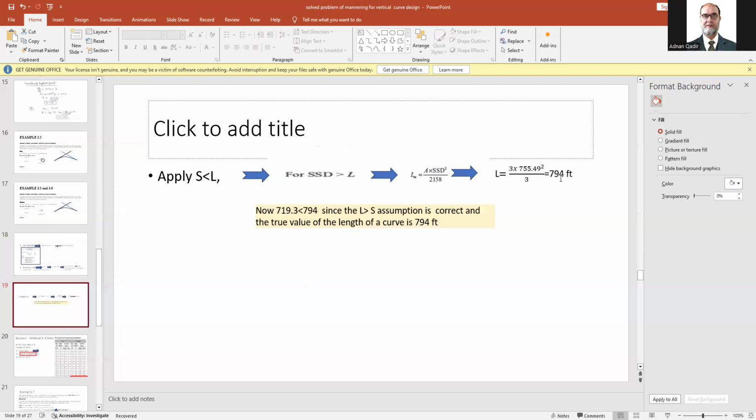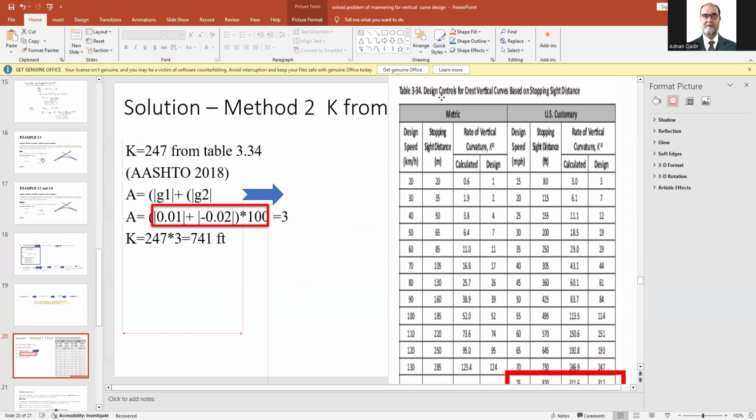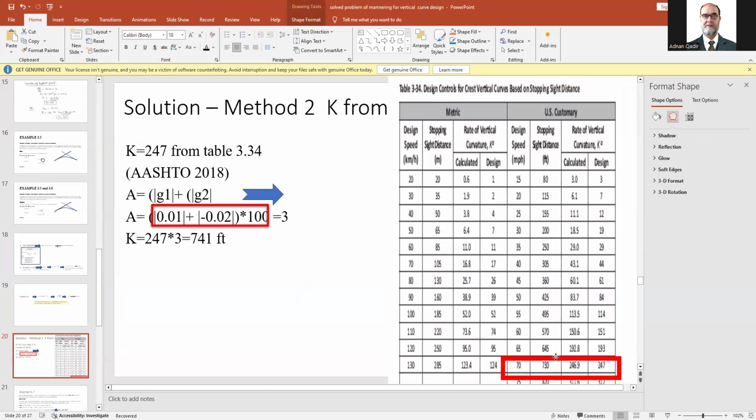Another way of solving this problem is also very simple. What you need is the table given in AASHTO 2018, Table 3.34. From this table, for a 70 miles per hour design speed, it gives the K value.